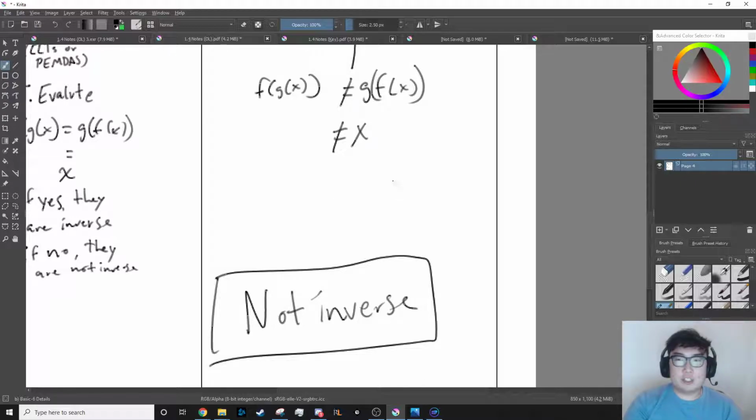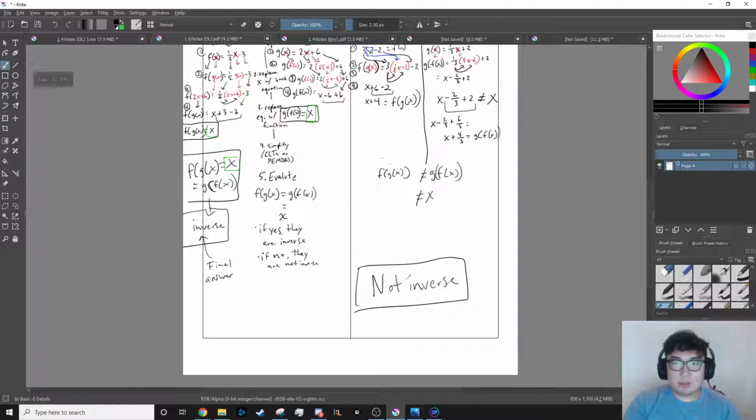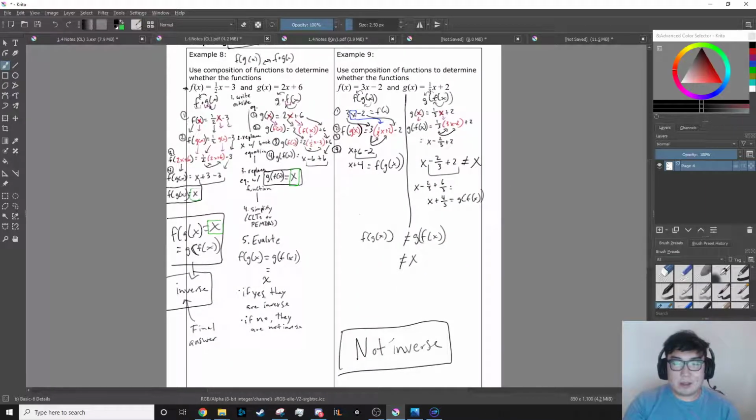So using function composition, I proved that both equations, 3x minus 2 and 1/3 x plus 2, are not inverse using function compositions. So that's it for 1-4, and that concludes the unit. Next class we'll review, and then the class after that we'll be taking our test. But for now, see you guys.